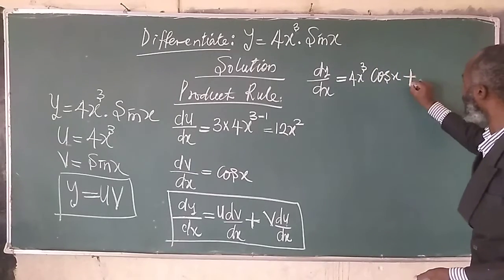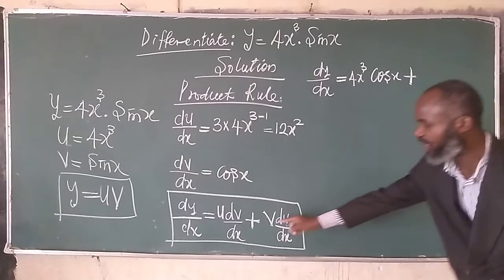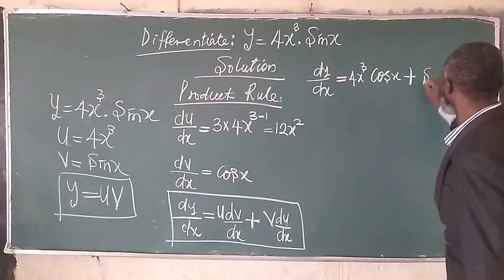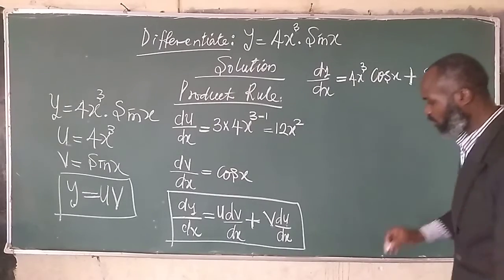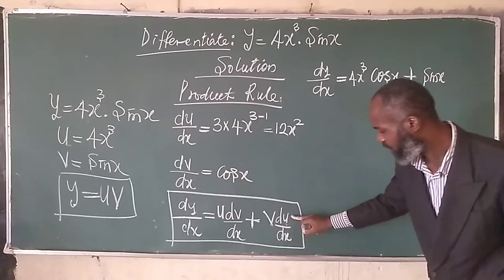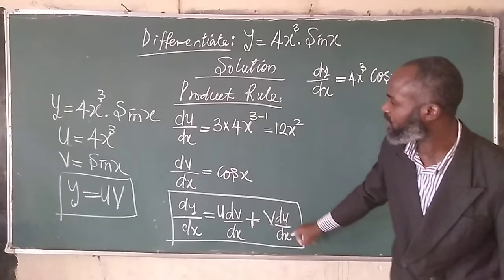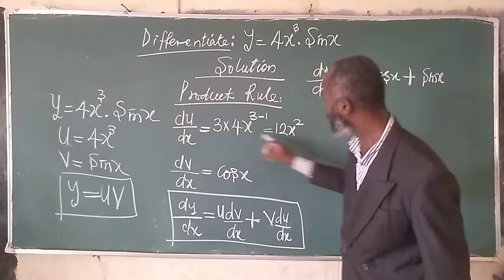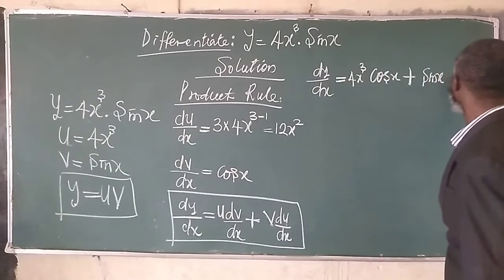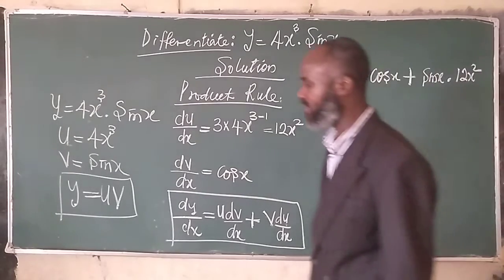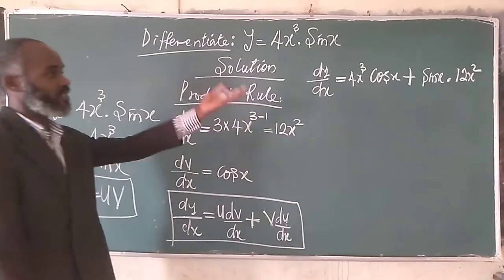We have plus, what do we have as v? v is given as sine x, and that is sine x. What do we have as du with respect to x? Where is du dx? Look at du dx. We have 12x squared. That is it. Look at it.